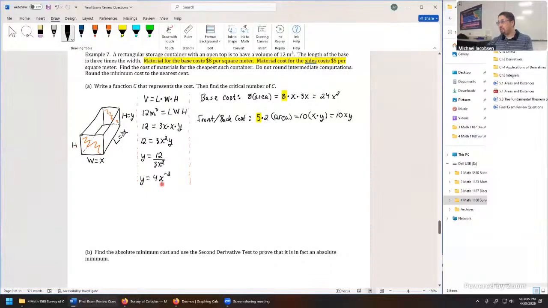But you know what? This is a good time to use that as a substitution. We also know that y is 4x power negative 2. We can plug that in our next step. So the front back cost is now equal to 10x times, here's a substitution in for the variable y right here from our work on the left, 4x power negative 2.